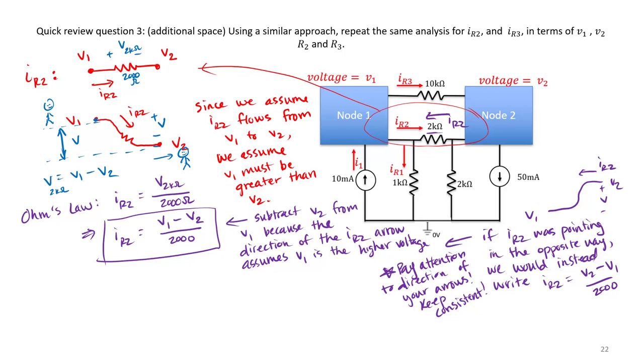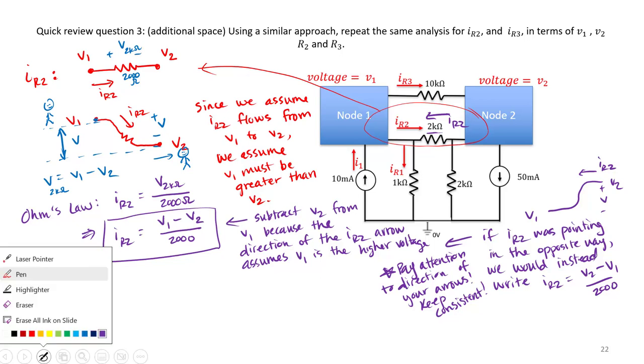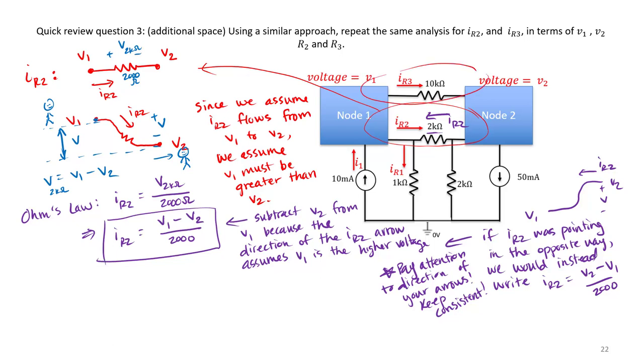So now let's go ahead and try current IR3. And we'll see that current IR3 is actually the same approach. Once again, we know that the resistance IR3 is flowing through is a 10 kilo ohm resistor, and we're going from V1 to V2.